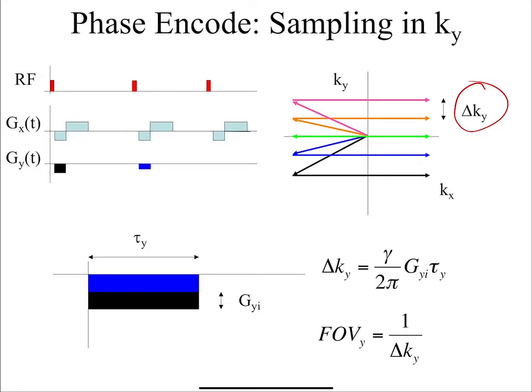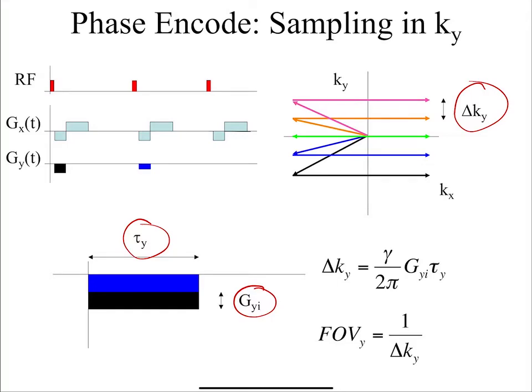One is how long we play that phase encode gradient out for. Typically, we pick that to be as short as possible because we just want to get out there as fast as possible. Then there's how big to make the incremental gradient as we increment it. And then also, how many gradient steps do we need? So there are actually three things to think about. But let's look at the first one, which is delta ky.